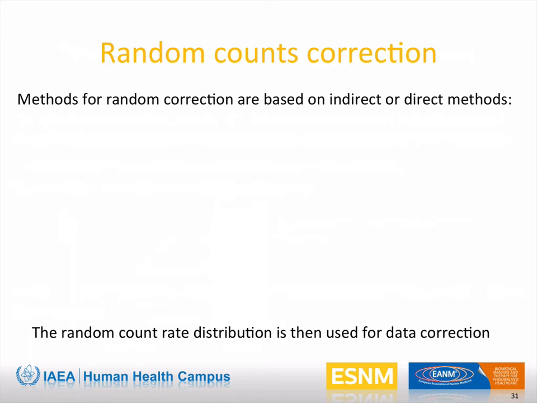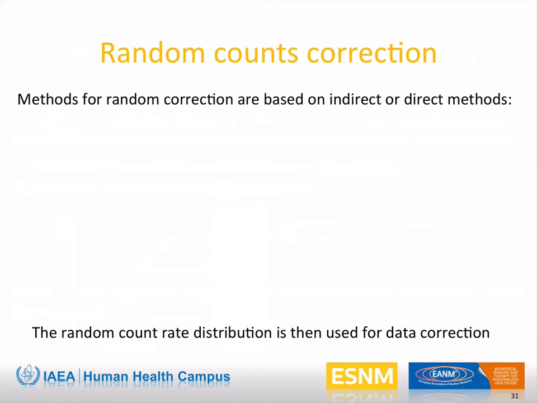Apart from limiting the occurrence of random counts, methods for their correction in the reconstructed image are also available. This process is called random correction. It is based on a statistical estimation of the random counts distribution that may be either subtracted from prompt events online or stored as a separate histogram for later processing.